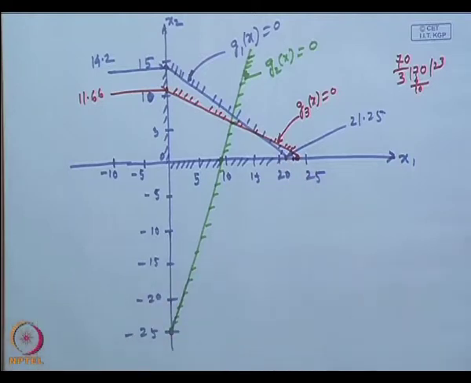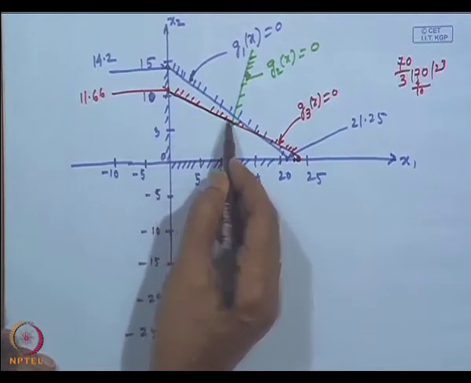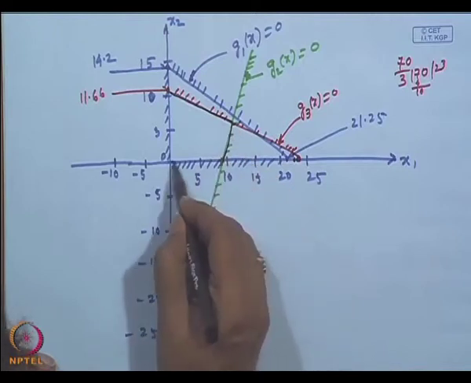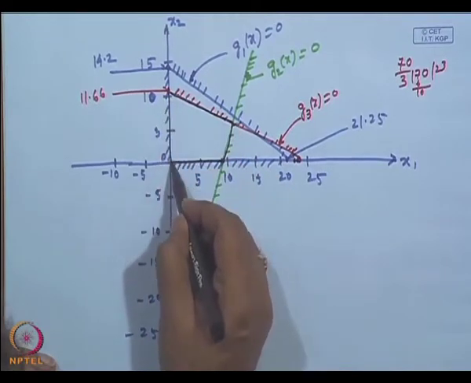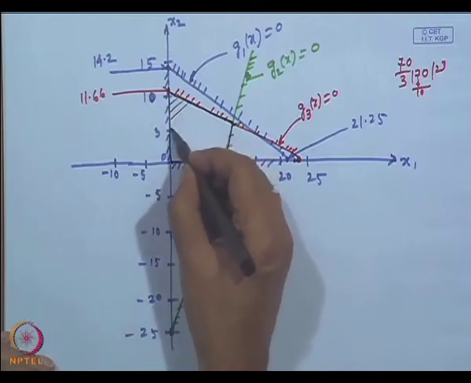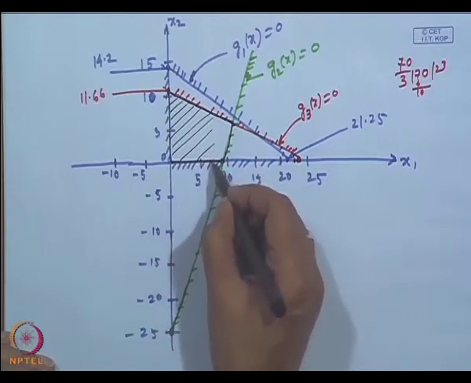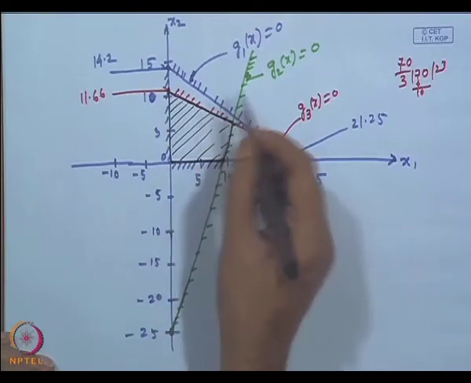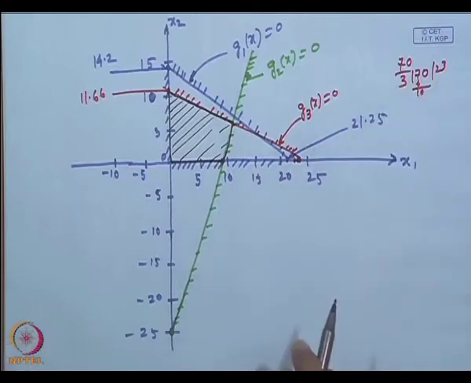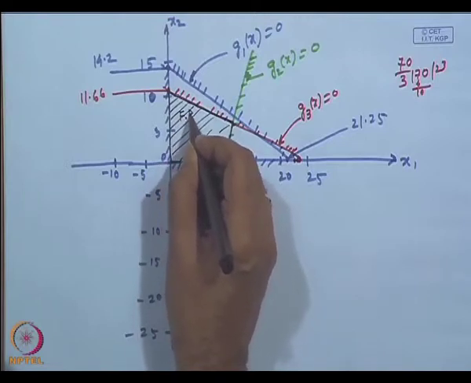So, clearly from this, our feasible region is that one only. Any point on this shaded region satisfies all the constraints, but outside it, at least one of the three constraints is violated. So, this is the feasible region.